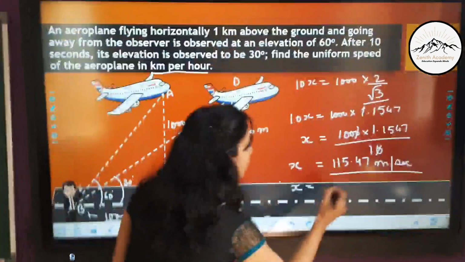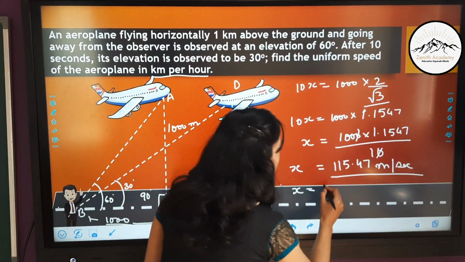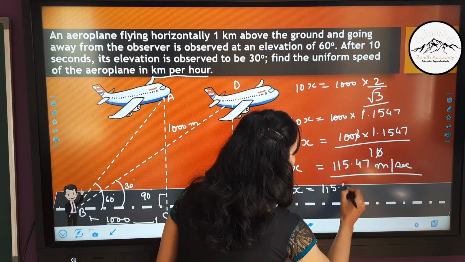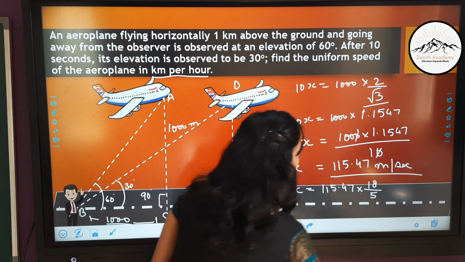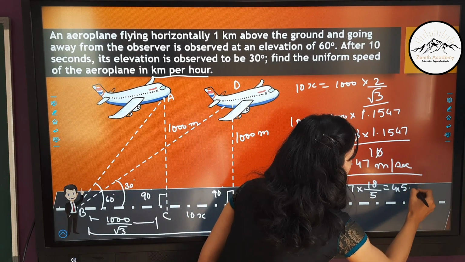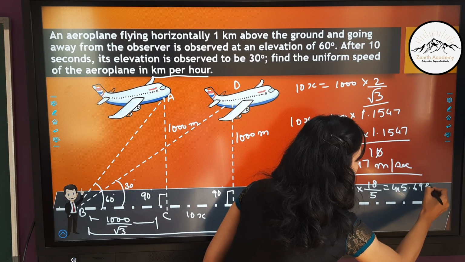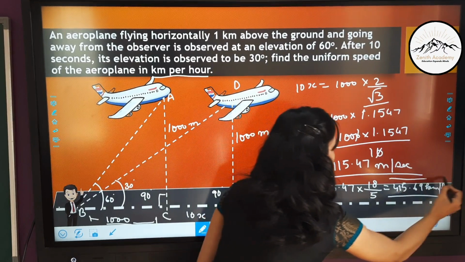What we'll do, we'll multiply our answer by 18 by 5 because this is how we convert it into kilometers per hour. Into 18 by 5, which is equal to 415.69 kilometer per hour. This is our answer.